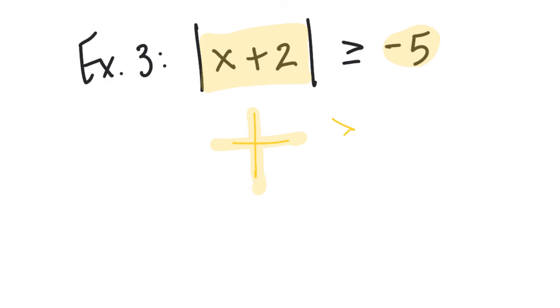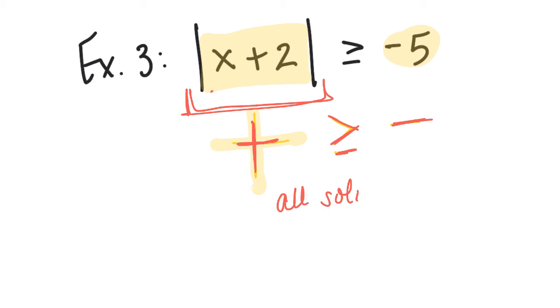Can a positive be greater than or equal to a negative number? Yes, we can solve this every single time, but I know that all of the numbers that are coming out of this absolute value right here are going to be positive. And positive numbers will always be greater than or equal to a negative number. So this one would be all solutions.